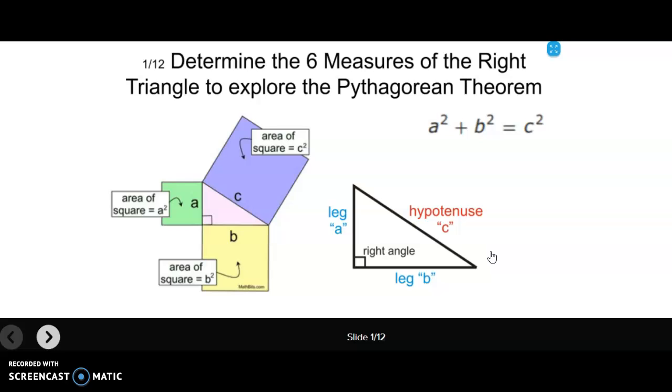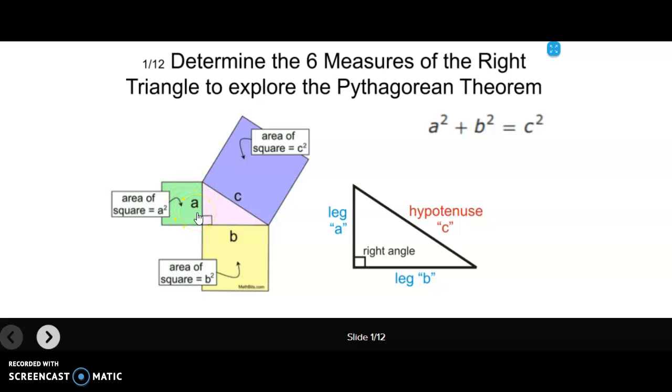Parts or pieces of the triangle will be labeled for you, and then it's going to be up to us to fill out the rest of what we need. Once you have those lengths labeled or identified, you're going to take the square of them. For instance, if my side A is 2, I'm going to square it.